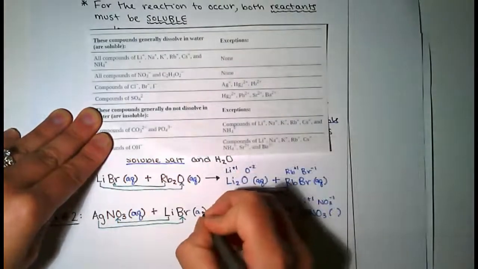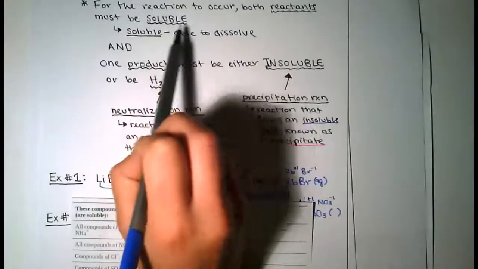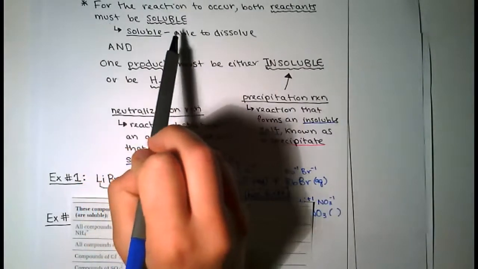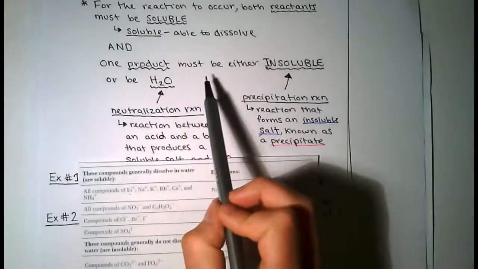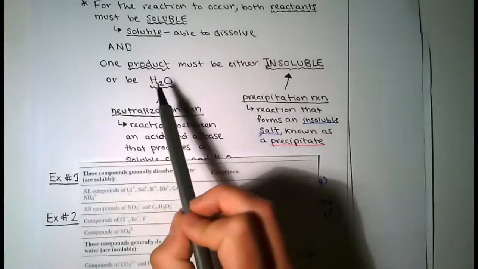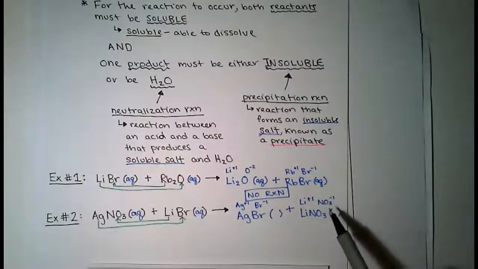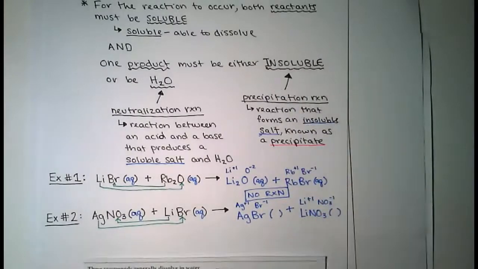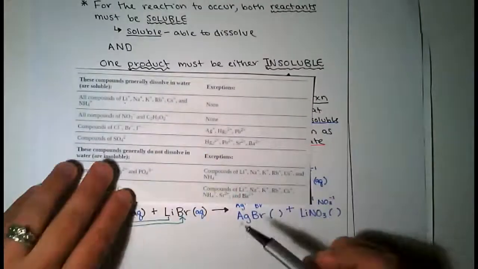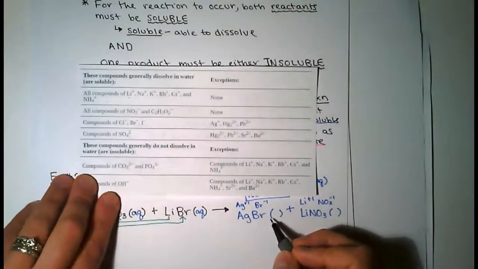So that's also aqueous. So we meet that first requirement. Both reactants are soluble. So next we need to look at the products. And one must either be insoluble or be water. We don't have water here, so we need to meet that insoluble product requirement. So we have silver bromide, AgBr.